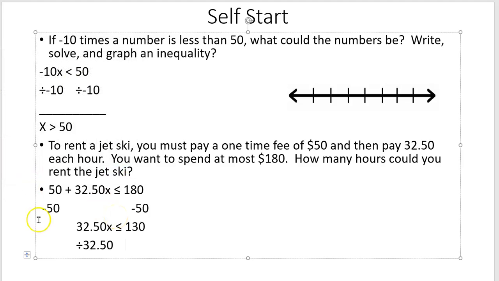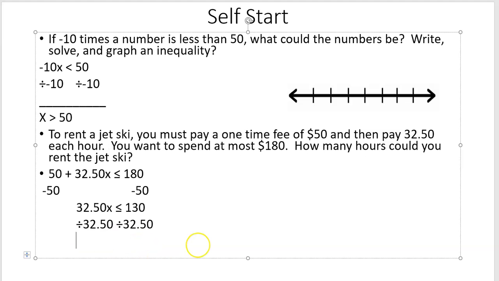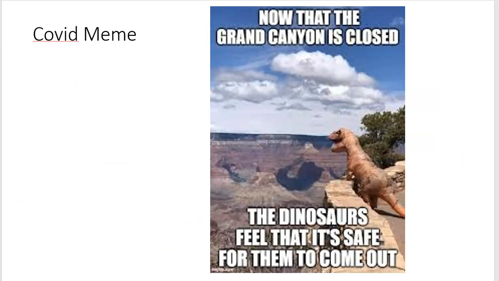And we do it over here as well. And we get x is less than or equal to, take my calculator, type in 130 divided by 32.50, and I get 4.